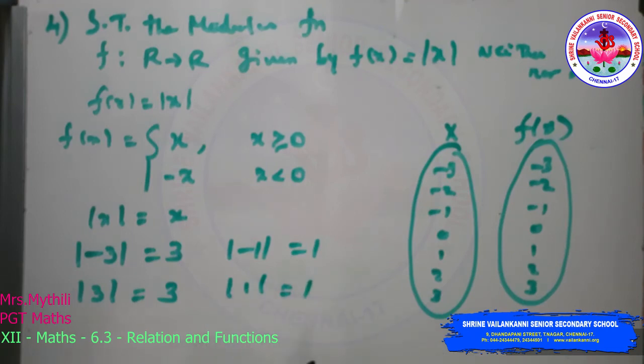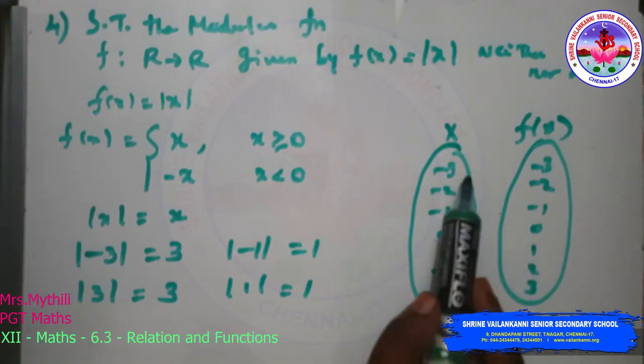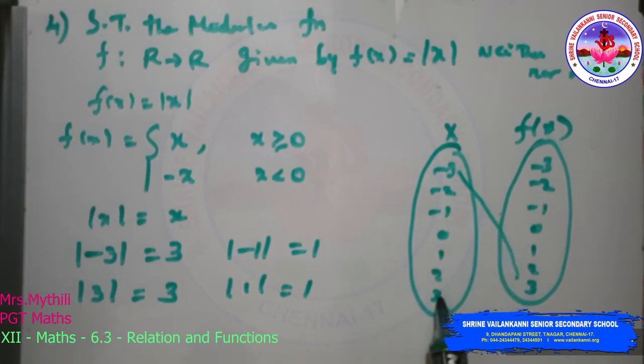So from real numbers to real numbers, minus 3 maps to 3 and plus 3 also maps to 3, minus 1 maps to 1 and plus 1 also maps to 1. So this is a many-one function, so we can say that it is not one-one. For a one-one function, every element should have a distinct image in Y.